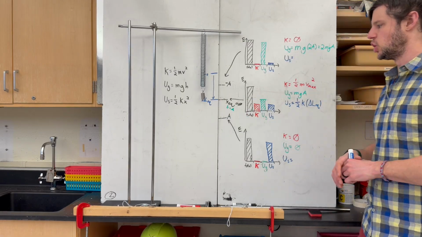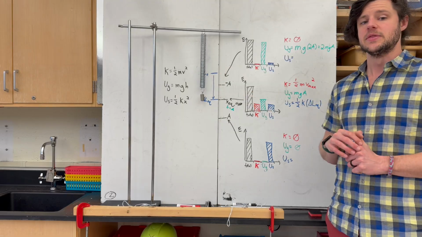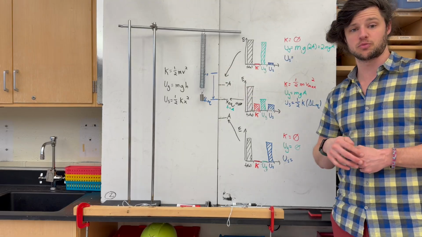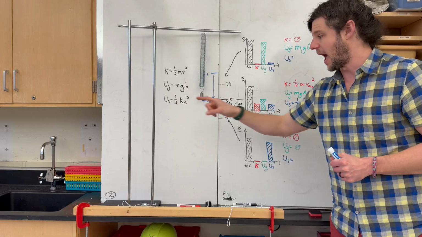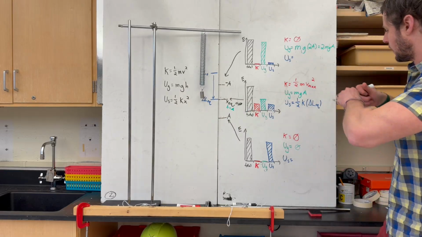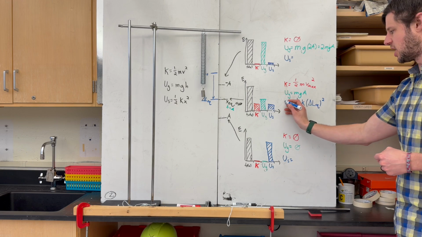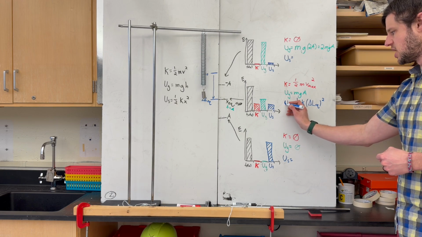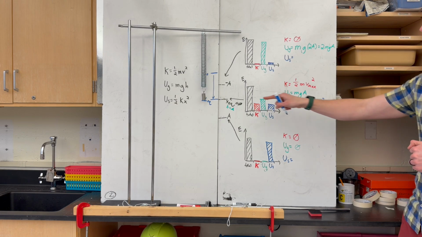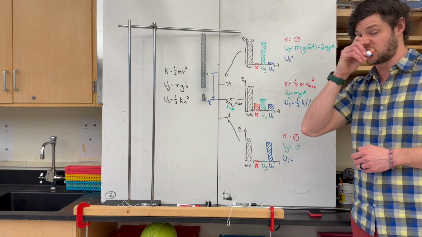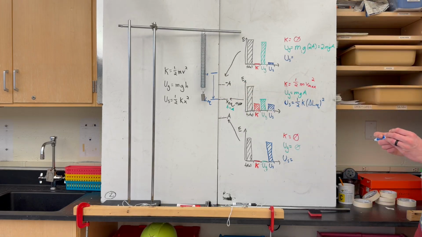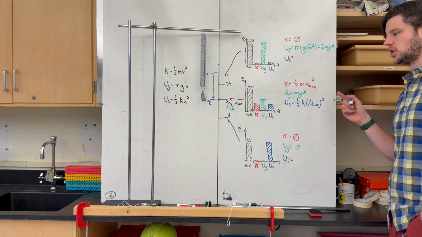But whatever that distance is that would stretch from that natural spring length, that is our X. That's our displacement of the spring. And then we do want to square that. So our spring potential energy here should be U sub S equals 1/2 K times whatever this change in length is, squared. So 1/2 K delta L EQ squared.